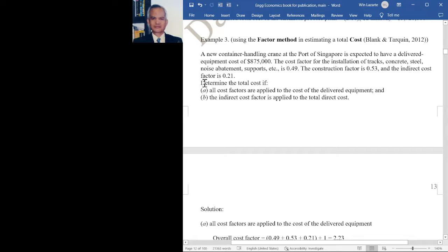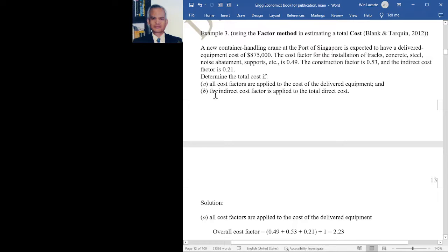Instructions. Determine the total cost if, letter A, all cost factors are applied to the cost of the delivered equipment, and letter B, determine the total cost if the indirect cost factor is applied to the total direct cost. Okay, solution. Notice that the cost factors are given as separate cost factors.